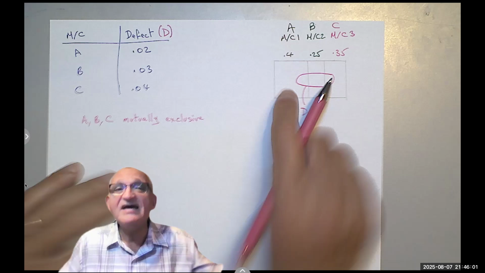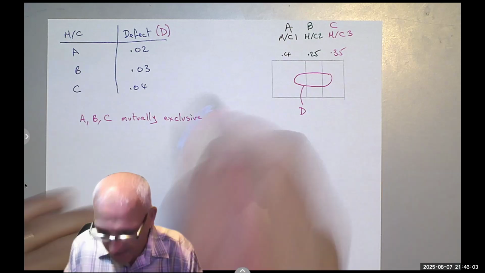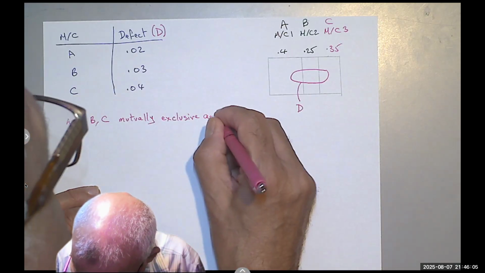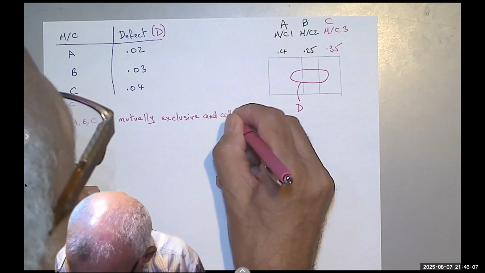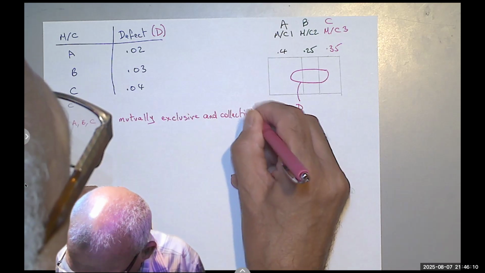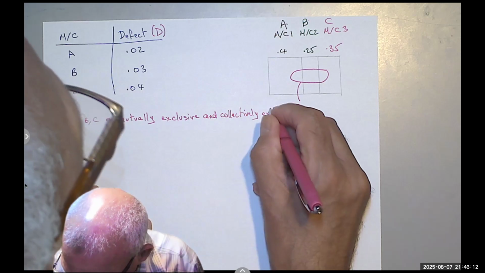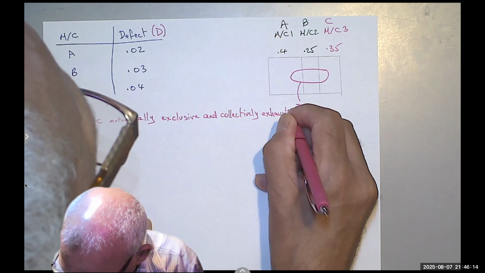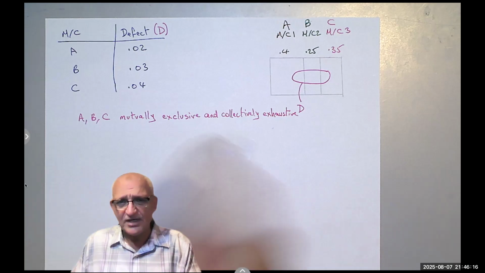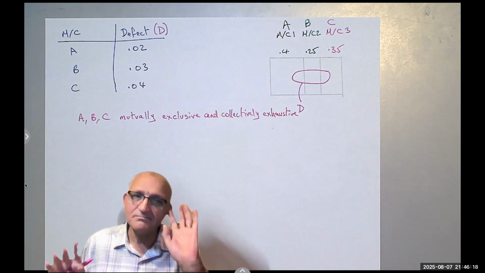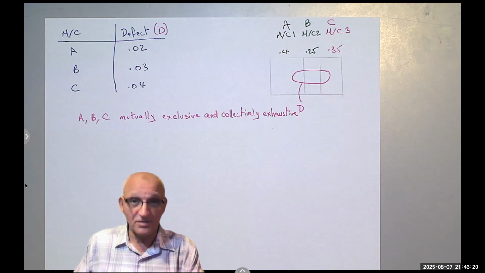Here, you don't have anything outside A, B, C. So they are mutually exclusive and collectively exhaustive. Exhaustive meaning nothing outside. So that when I use one of these terms later, you don't ask me, what do you mean? We already discussed that.